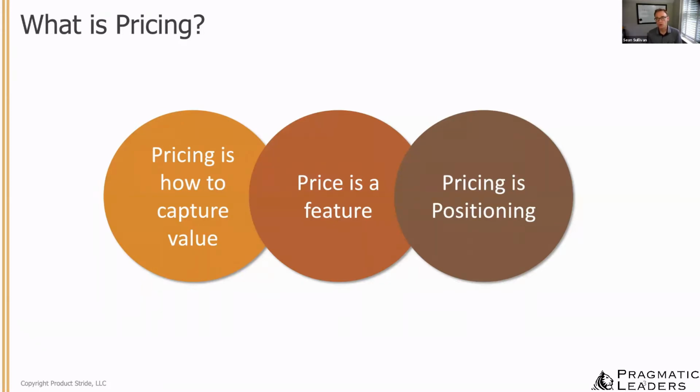Are you a low-cost provider? Are you a premium provider? How do you structure the pricing? How do you go to market? Is there, let's say, a freemium marketing model that you're competing against other alternative solutions in the marketplace? So these are sort of the fundamental characteristics of what pricing is.